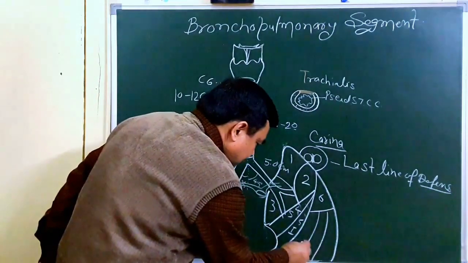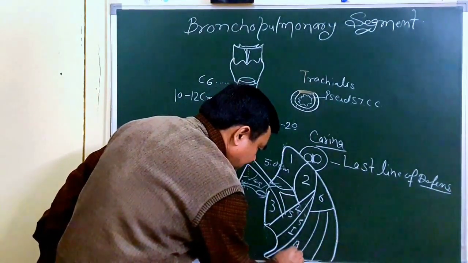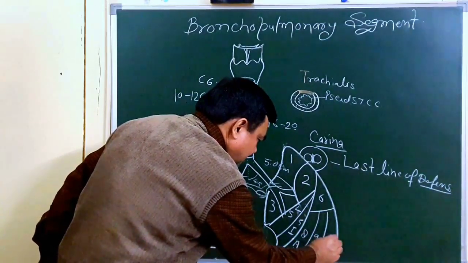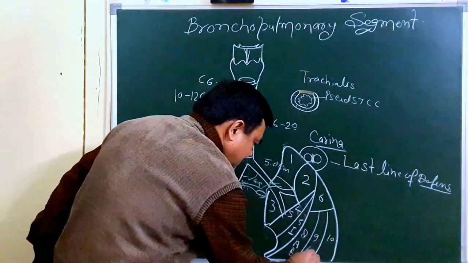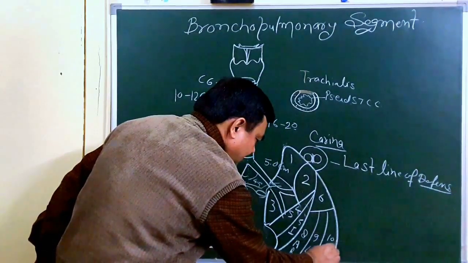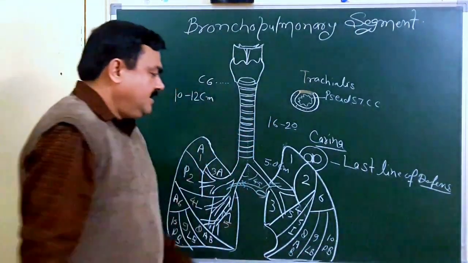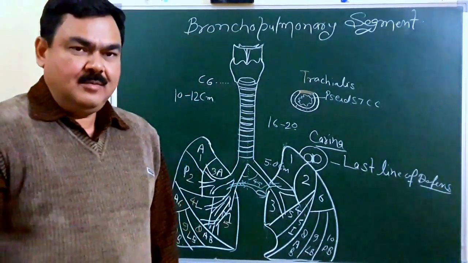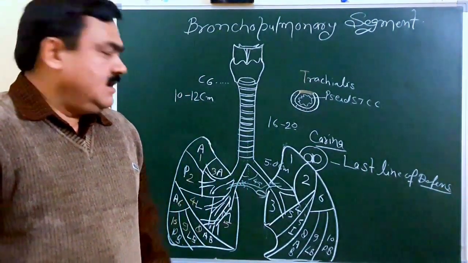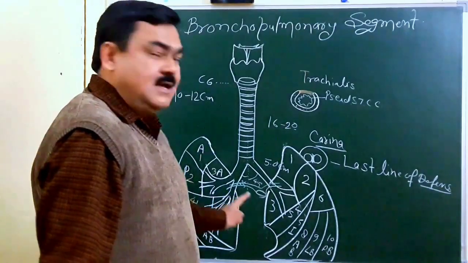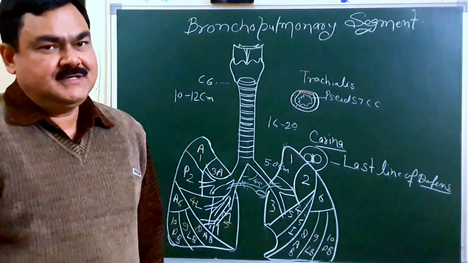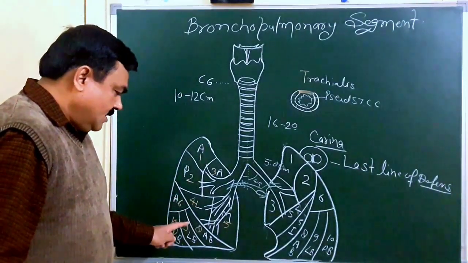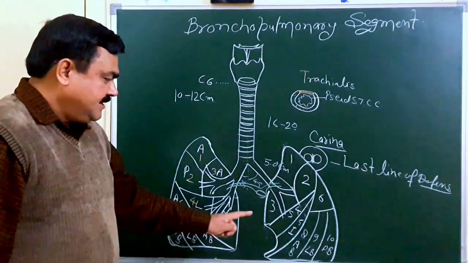This is anterior basal, 8 number. This is 9. This is 10. This is lateral basal, and this is posterior basal. So these are 10 bronchopulmonary segments present on left lung. So each lung has 10 bronchopulmonary segments. In anterior view, the 7th number is hidden.